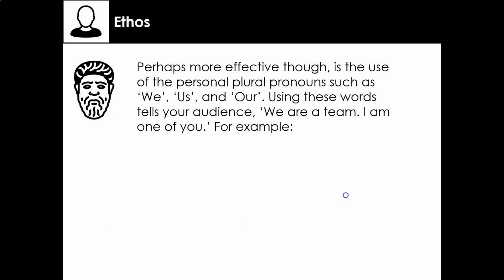However, another way to build ethos is through the use of a personal plural pronoun. Those are words like we, us, and our. Using them tells your audience that we are a team and I am one of you.